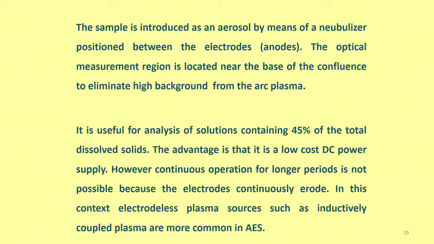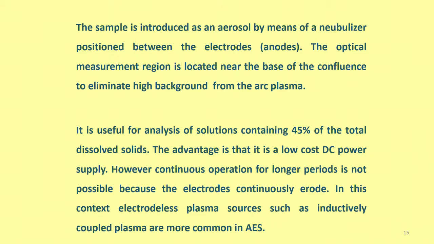The background itself is so high, so I have to eliminate as much background as possible, so that the small difference from the sample is highlighted prominently. That is the technique of high temperature plasma analysis.